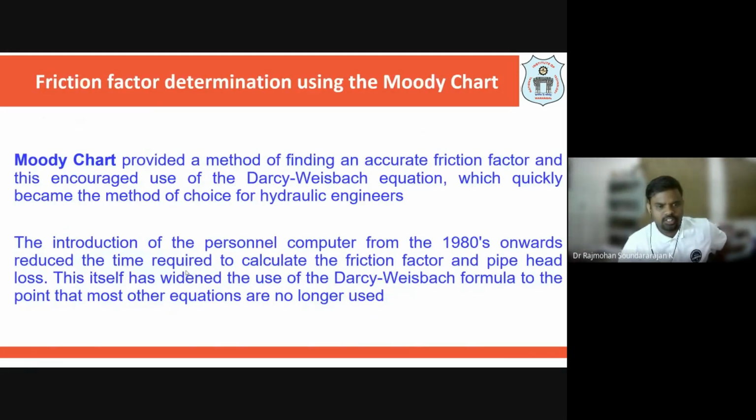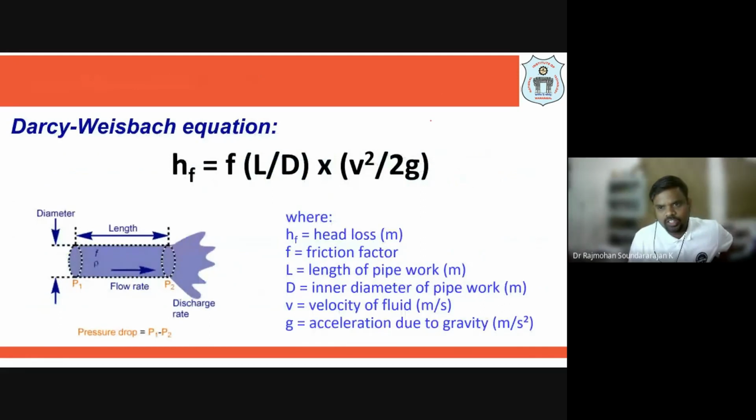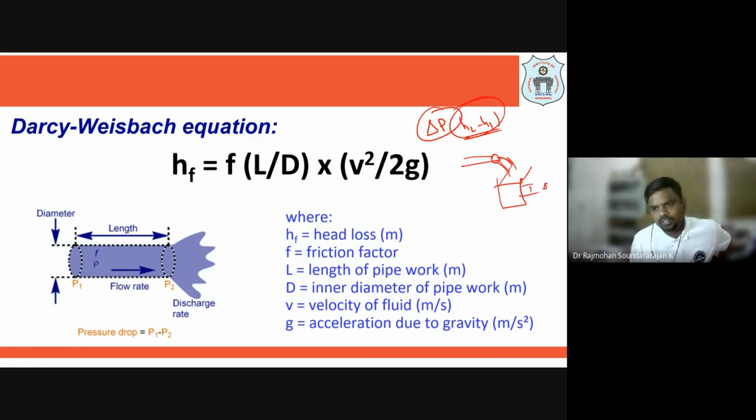So in this experiment, we are getting delta P directly, or you can say H2 minus H1 we are getting directly. So we have the pressure head loss. As the fluid flows across the pipe, we have a collection tank. We can measure the delta H taking place in a certain time t.